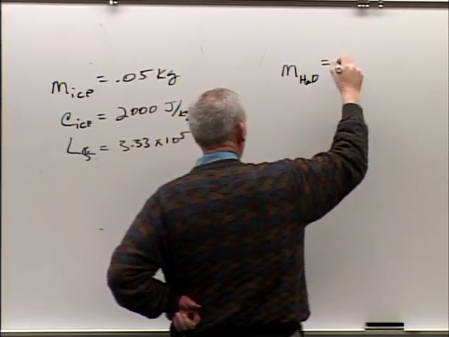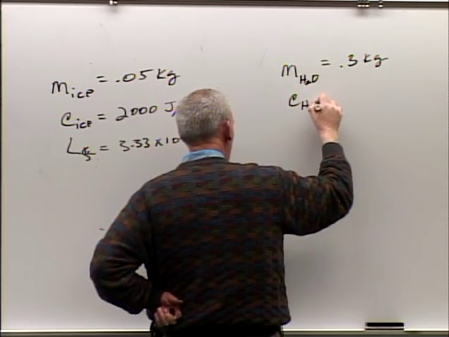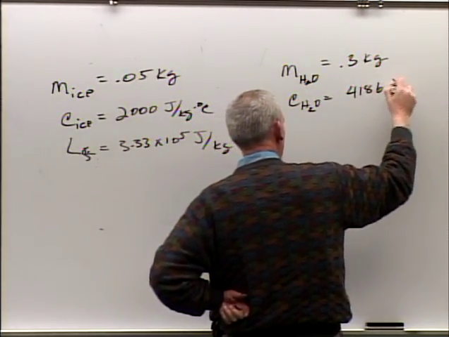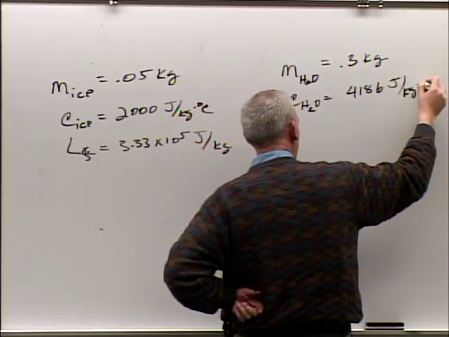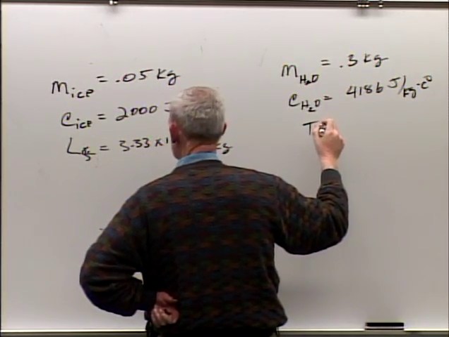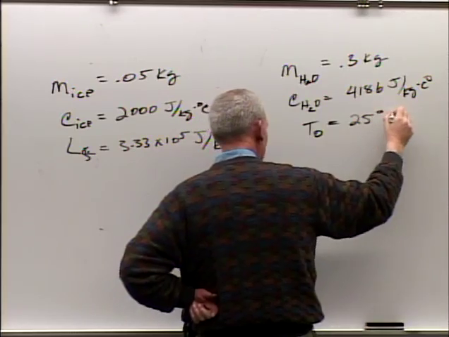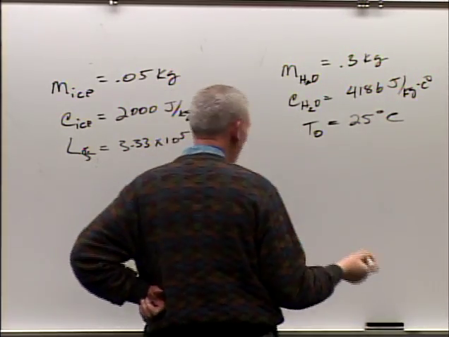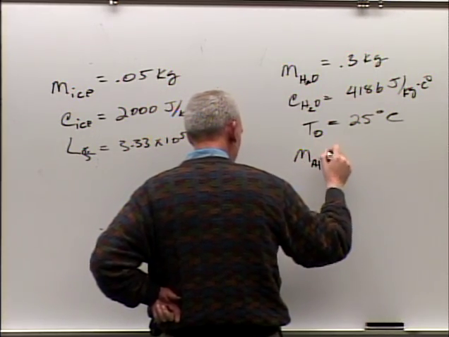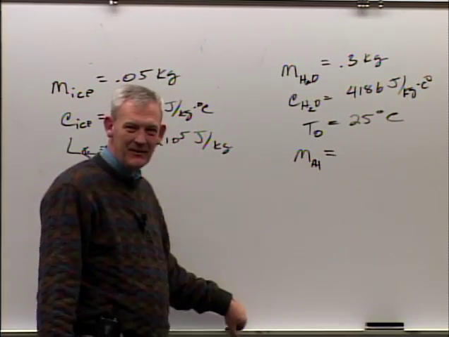Mass of the water is equal to 0.3 kilograms. Specific heat of H2O is equal to 4186 joules per kilogram degree Celsius. And its initial temperature is 25 degrees Celsius. And it's also in equilibrium with this small aluminum calorimeter.